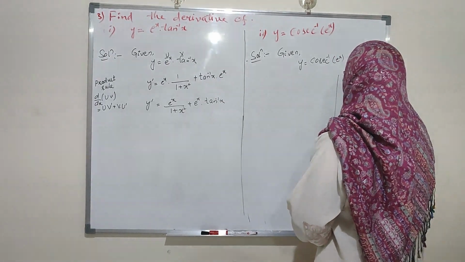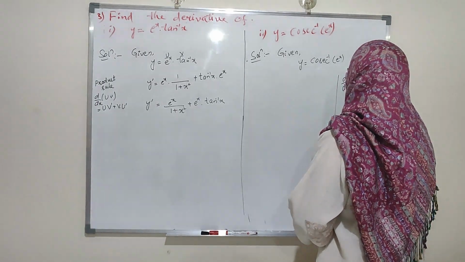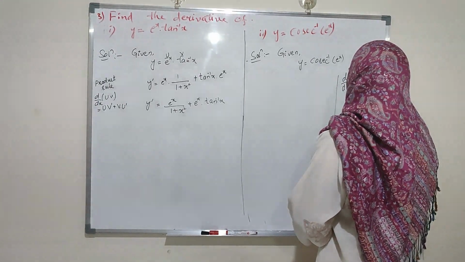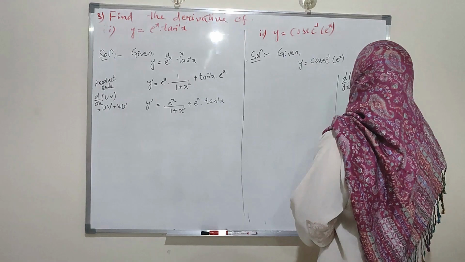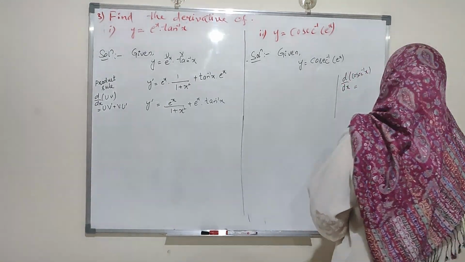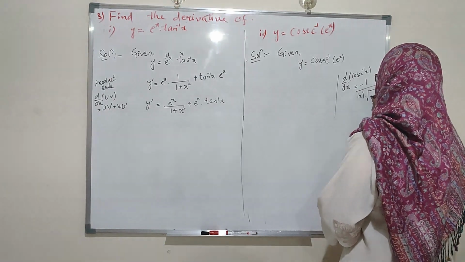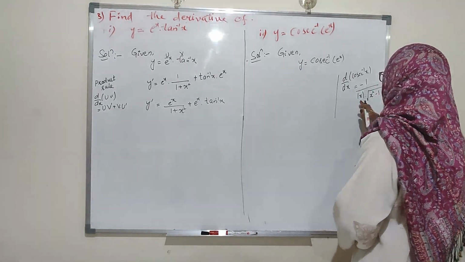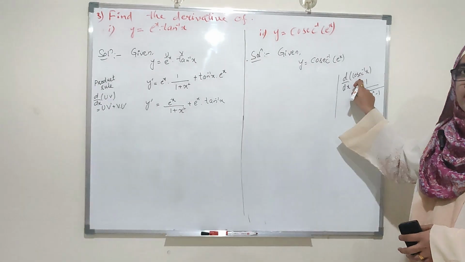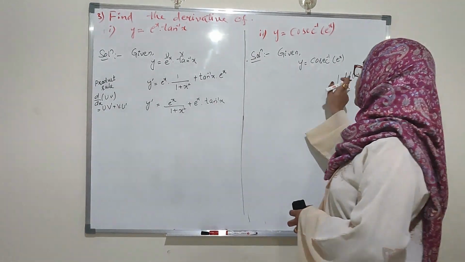Write the formula first in the rough column, then it is easy to solve. The differentiation of cosec inverse of x is equal to minus of 1 by mod of x into root of x square minus 1. So apply this formula here.